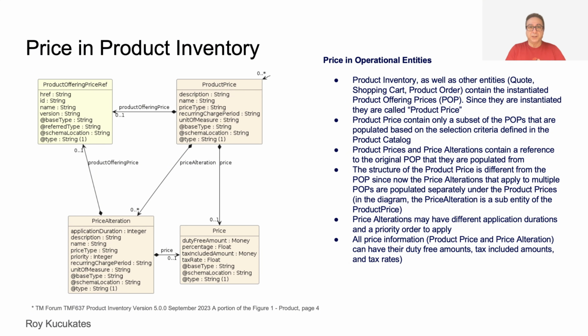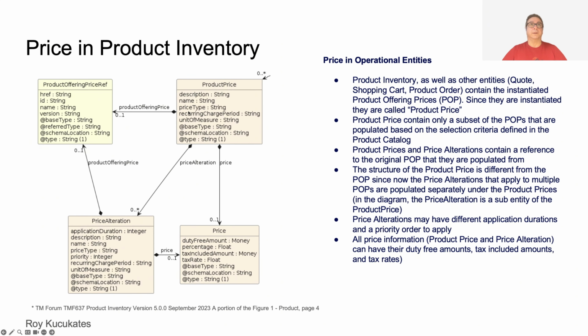So instantiating a price in the product inventory is extremely important because you can retire the products in the catalog. So these product offering prices are no more in sales, and you can retire them, or you can even terminate them, remove them from the system, whereas the prices need to stay there. That's why they are instantiated in a product inventory.